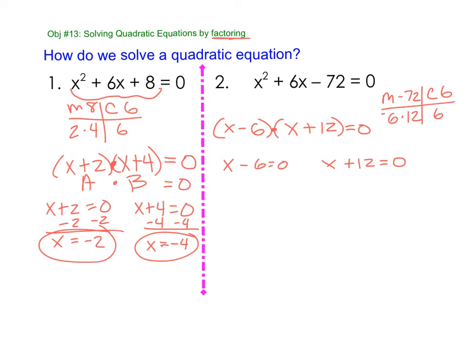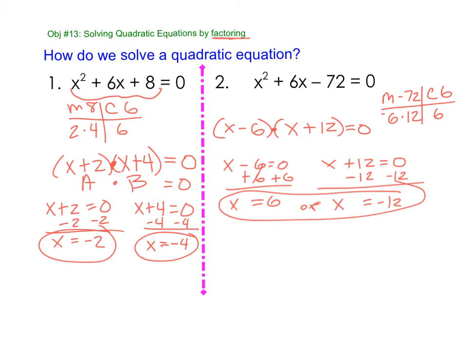And then we're going to solve our equation. The opposite of minus 6 is plus 6. So x equals 6. Over here, minus 12, x equals negative 12. And those are your two answers. You can put the word or between them if you want. That's the answer.